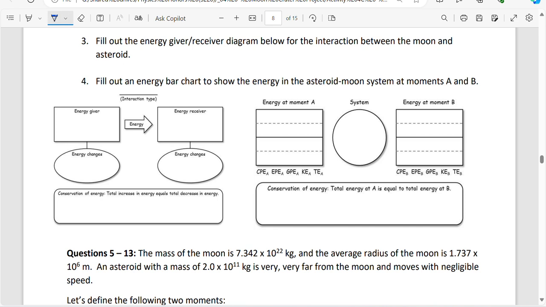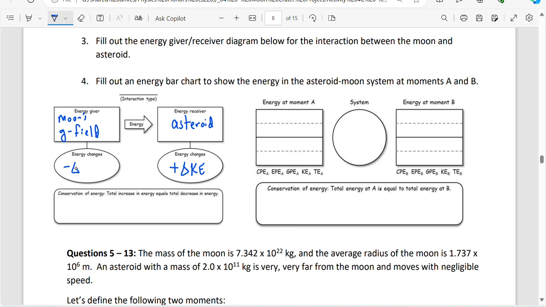Well, we still have the moon's gravitational field giving energy to the asteroid. The asteroid started with some kinetic energy, but it's still gaining kinetic energy. That's what it's doing. There is a positive delta on that kinetic energy. It starts with a value, that value goes up.